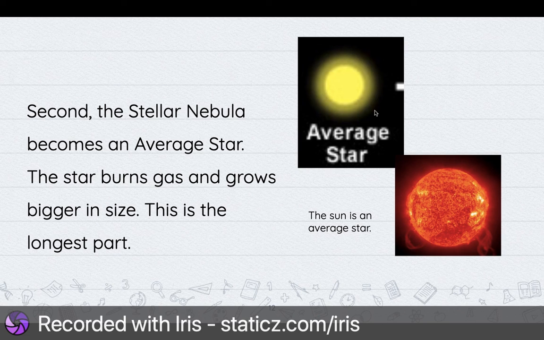When you see stars, a lot of the time they are average stars. This is what the sun looks like, and it has been an average star the whole time the Earth has existed. It provides light and heat and other things we need.